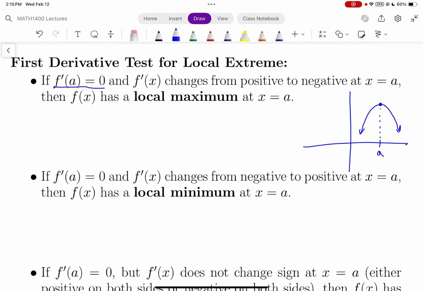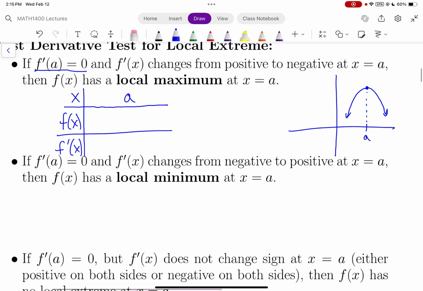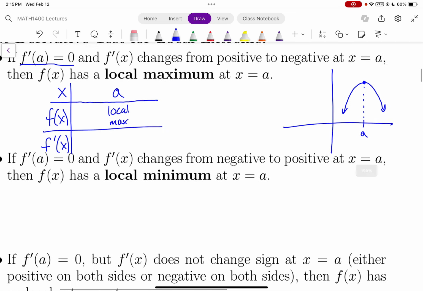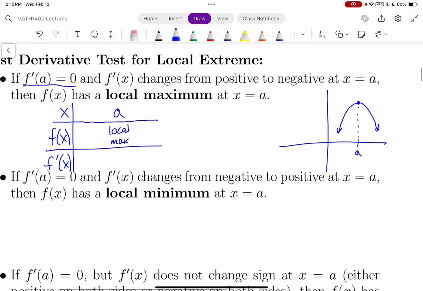I'm going to make a little chart here to explain what's going on. It's kind of a table. Here's f of x, and here's f prime of x. We're looking at the x value a. At f of x, whenever x is equal to a, we have a local max. That's what this is saying. And when we have a local max, what's happening with the derivative?